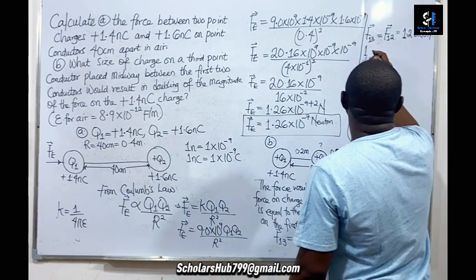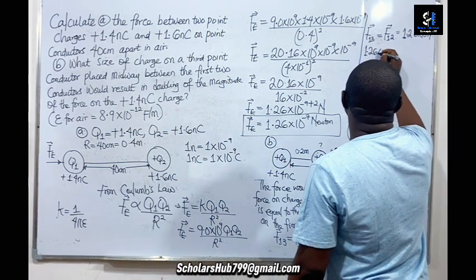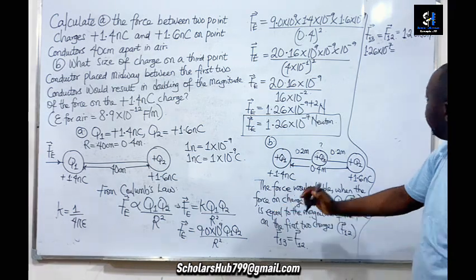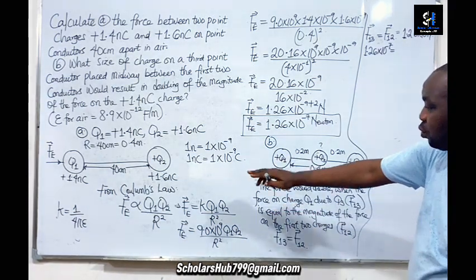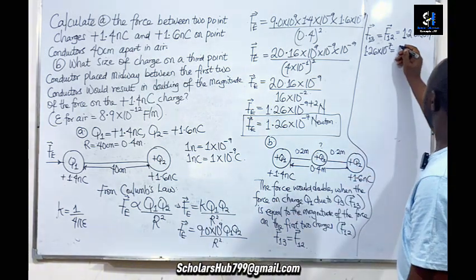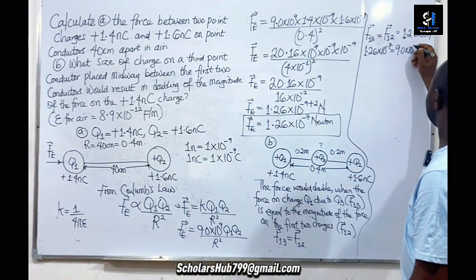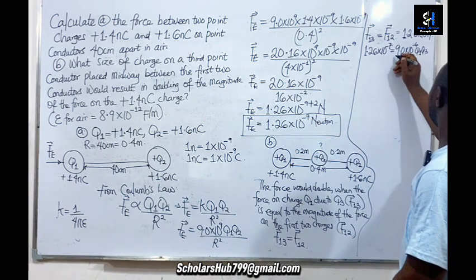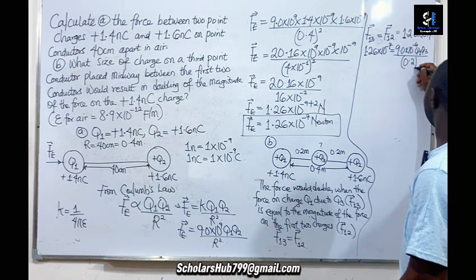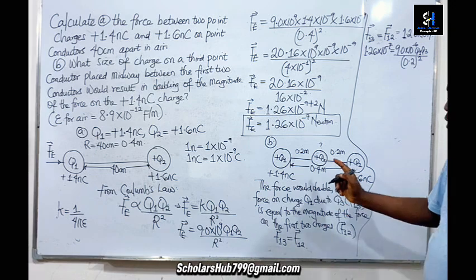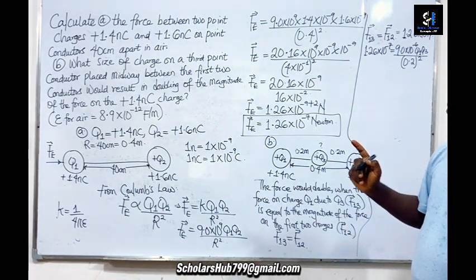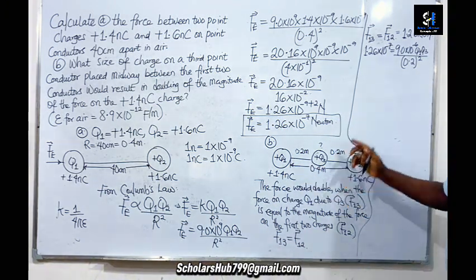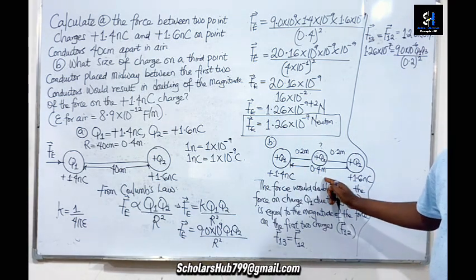So this value, 1.26 multiplied by 10 raised to the power of minus 7, will be equal to, let's not forget that the force is equal to 9.0 times 10 raised to the power of 9 times Q1 Q3 over 0.2 raised to the power of 2, because the third point conductor is placed midway between the first two conductors, so half of 0.4 meters.